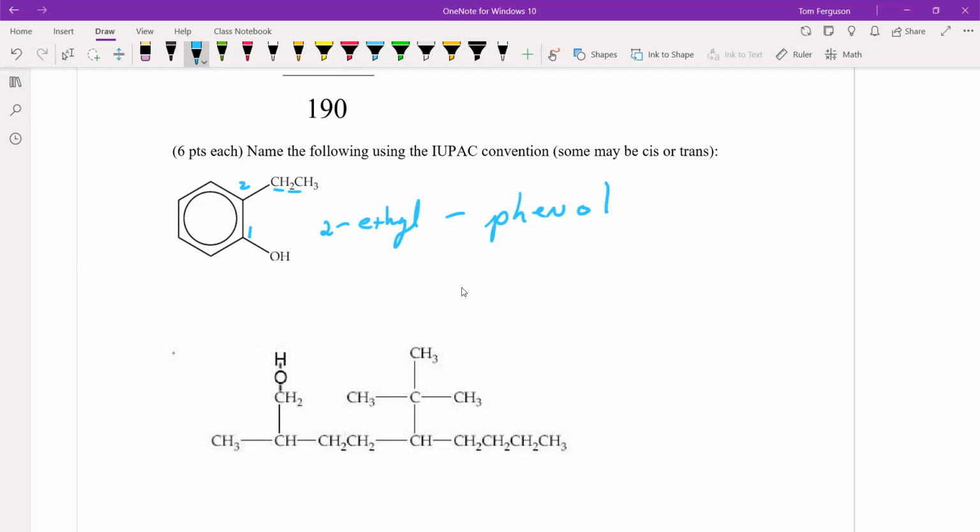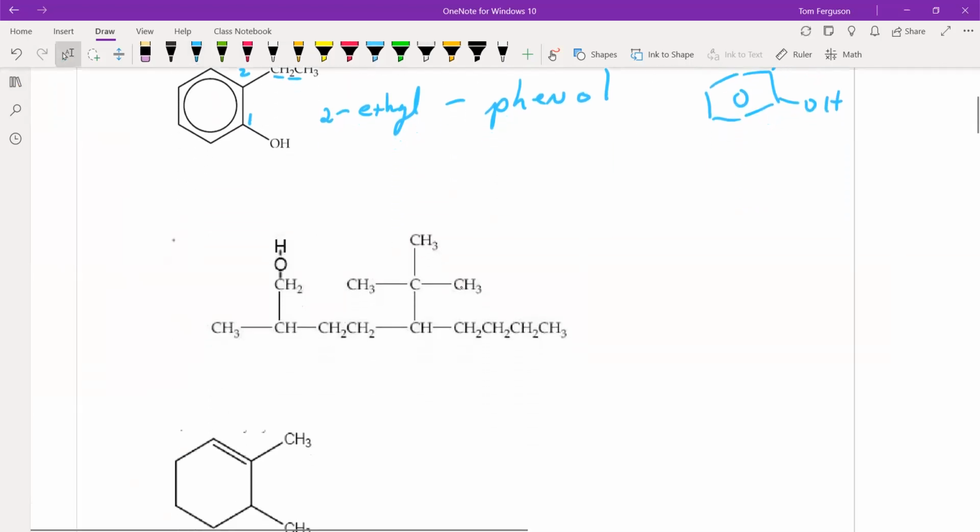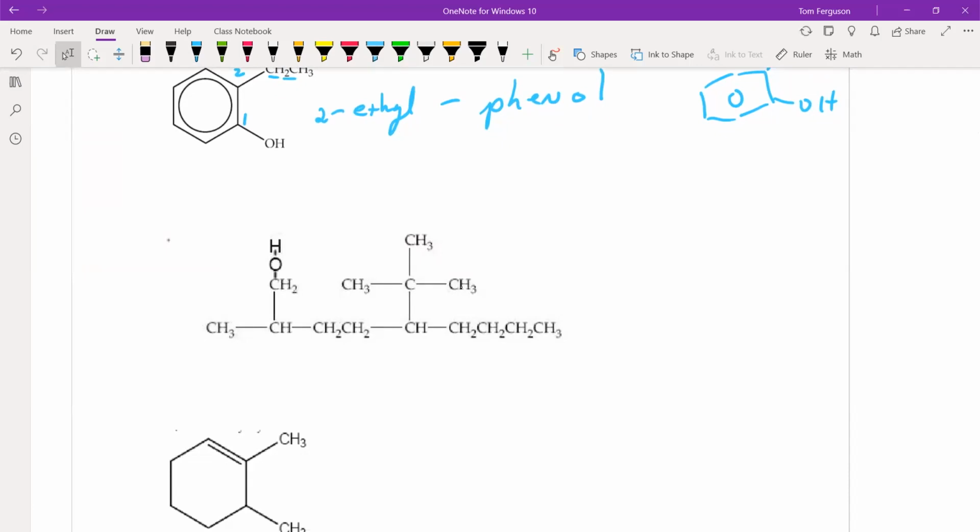So, if this was a line drawing, it would look like that. Okay. So now we have an alcohol, and we need to name this puppy.